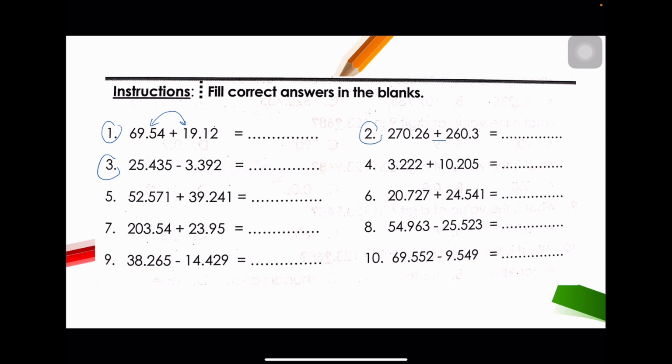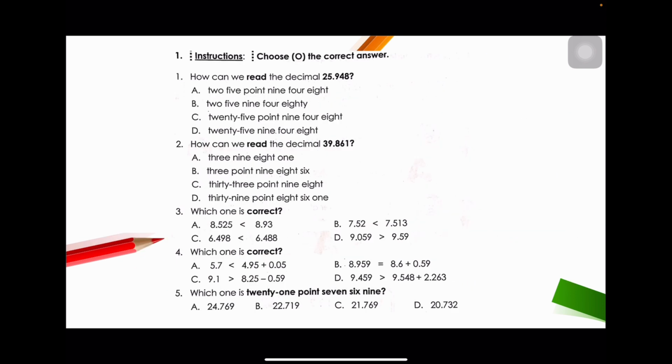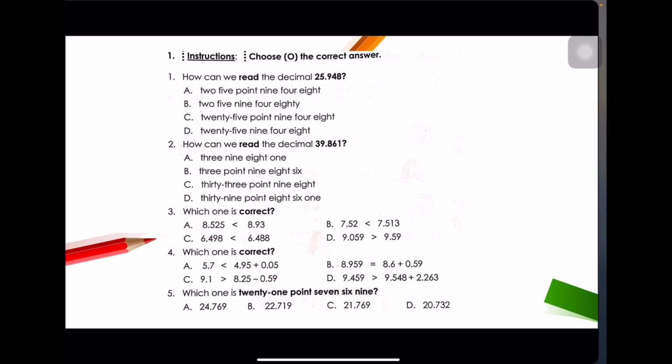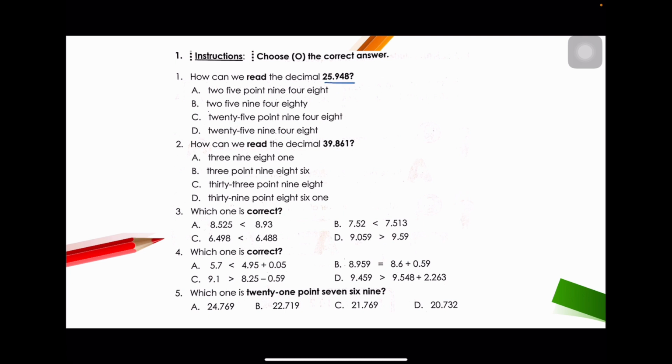And this is only one word. The second word is this one. I want you to print out and do this exercise by yourself. Example number 1, how can you read what is it? How can you read it? 25.948.